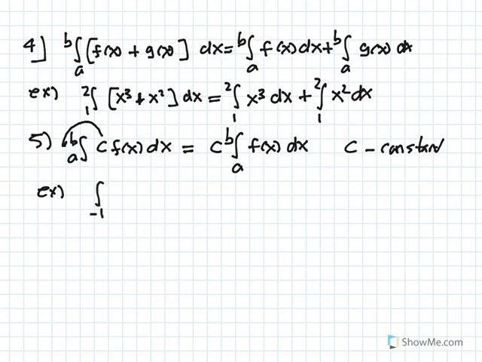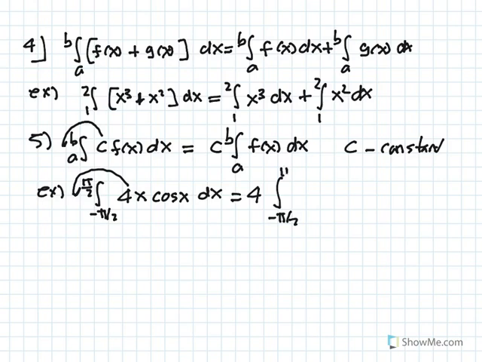The integral from negative pi over 2 to pi over 2 of 4x cos x dx. 4 is a constant. It passes through the integral. So we bring it out. That's 4 times the integral from negative pi over 2 to pi over 2 of x cos x dx.